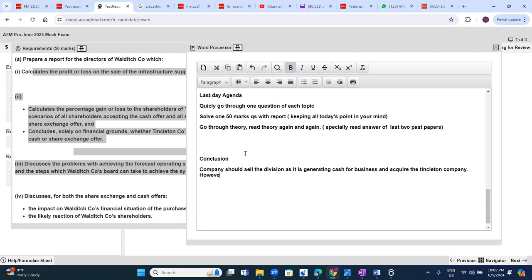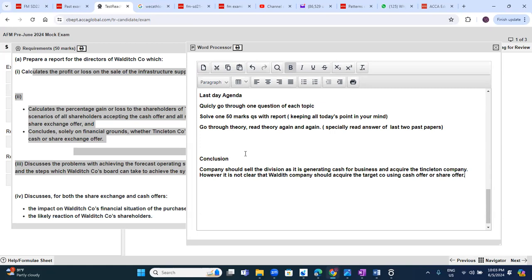However, it is not clear that the company should acquire the target company using cash offer or share offer.